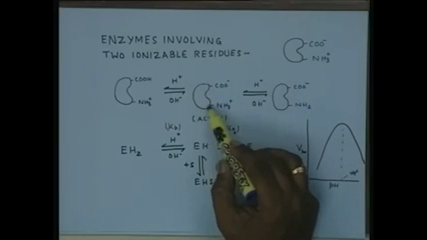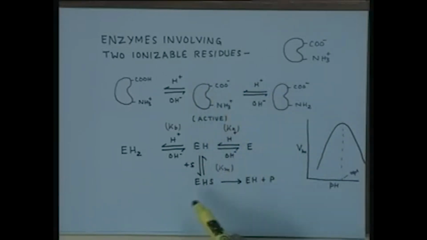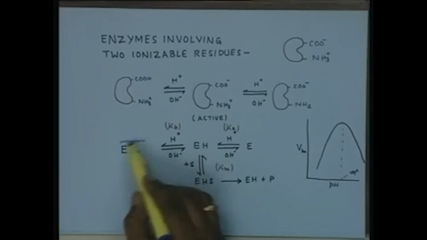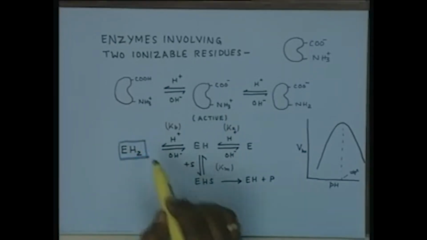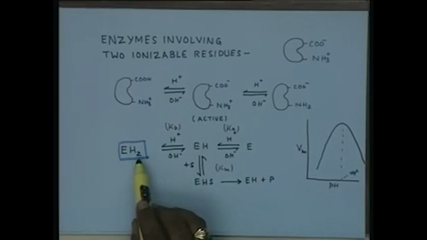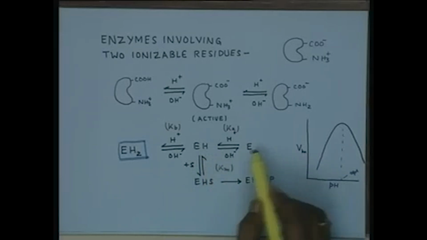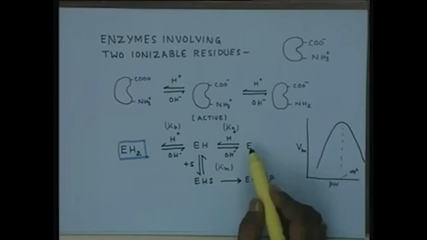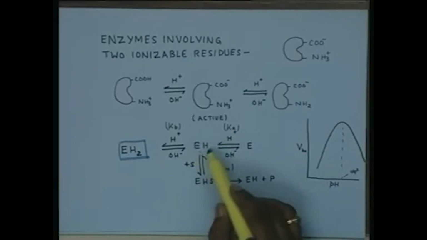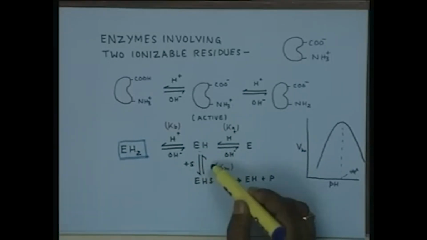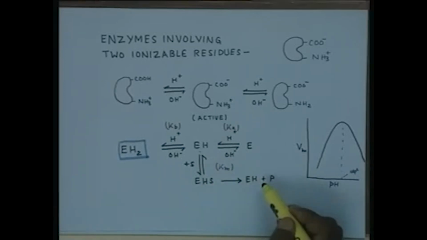If the middle one is the ionizable form, you can also predict that the left hand form of the enzyme, EH2, is a more reduced form than EH, and EH is more reduced than E. If EH is the form which is catalytically active, that means it binds to the substrate S, forming EHS, and forms the product.